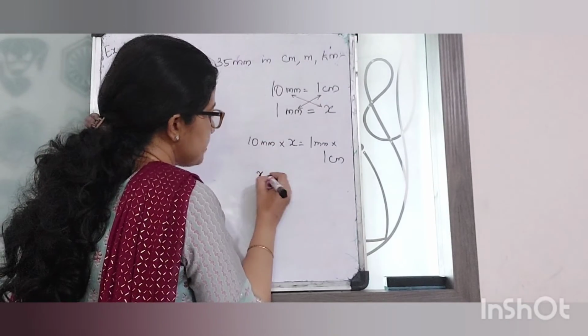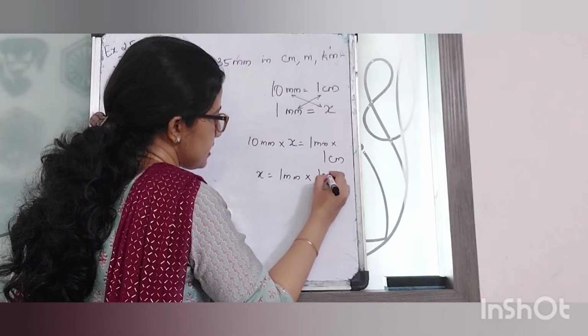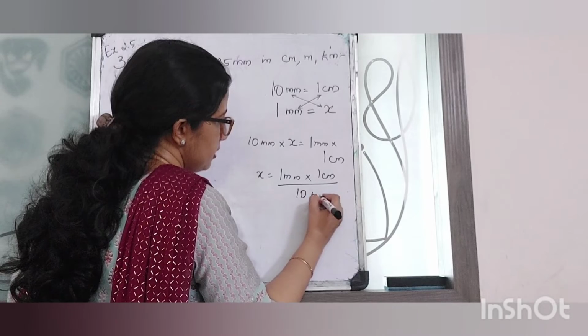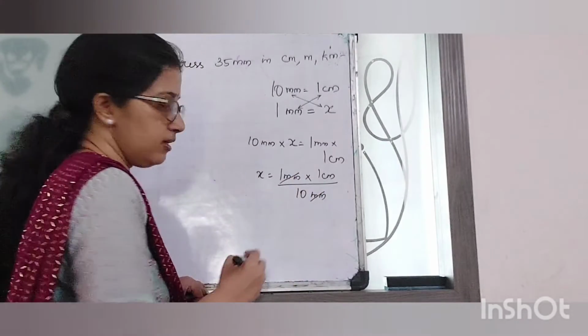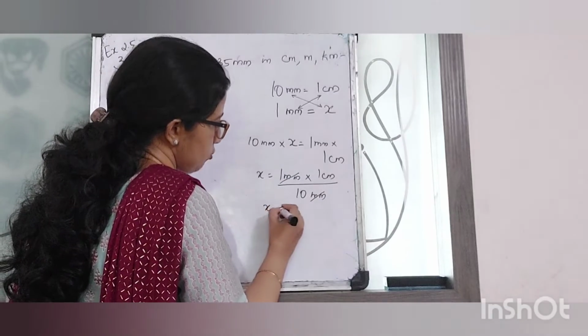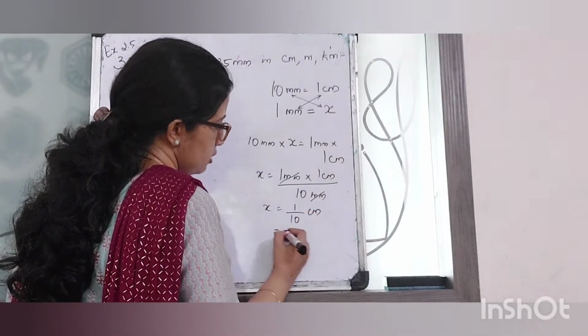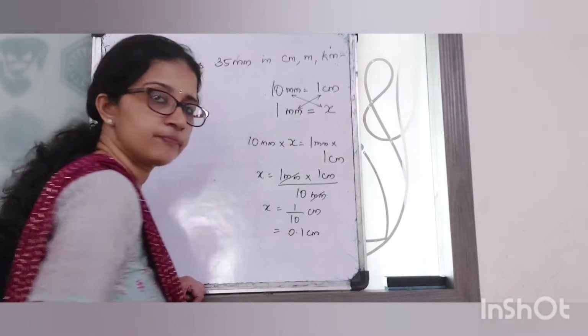Okay, so x is equal to 1 millimeter into 1 centimeter divided by 10 millimeter. Okay, so this millimeter will get cancelled. So x is equal to 1 by 10 centimeter is equal to 0.1 centimeter.